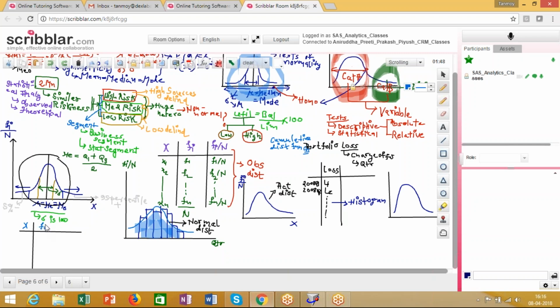There is Fi, right? Then there is Fi by n. This is where the relative frequency distribution comes.